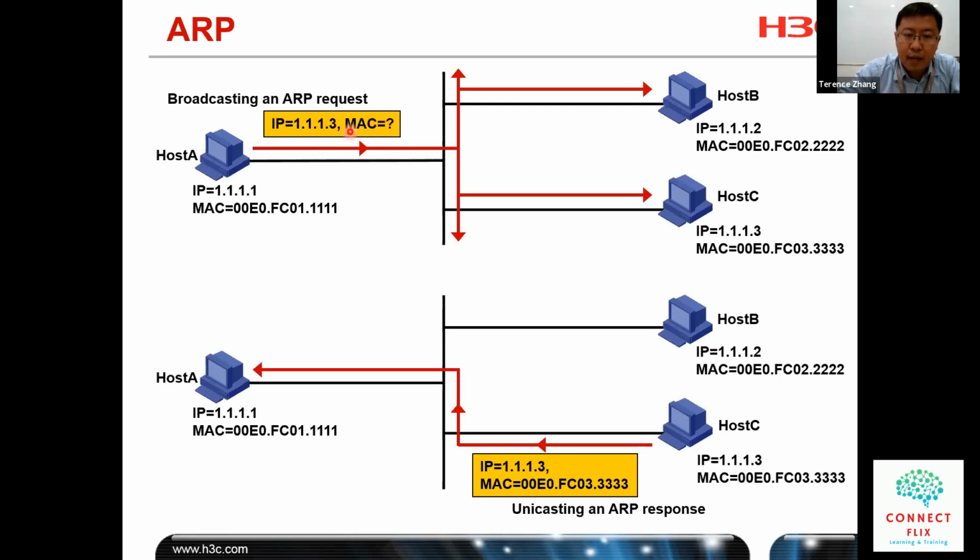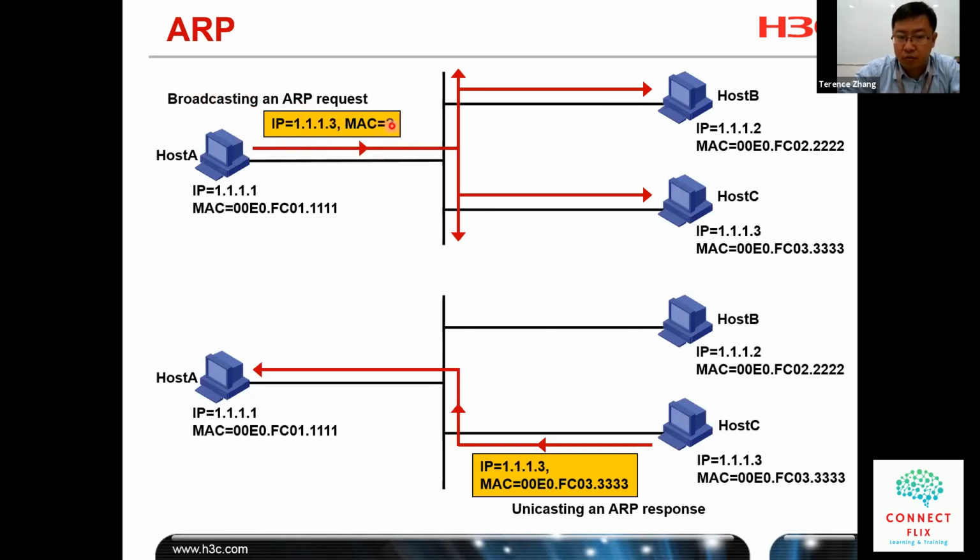And this ARP packet is a broadcast, because the destination MAC is unknown. Just remember that the ARP request is a broadcast frame, and the information is: I have 1113.